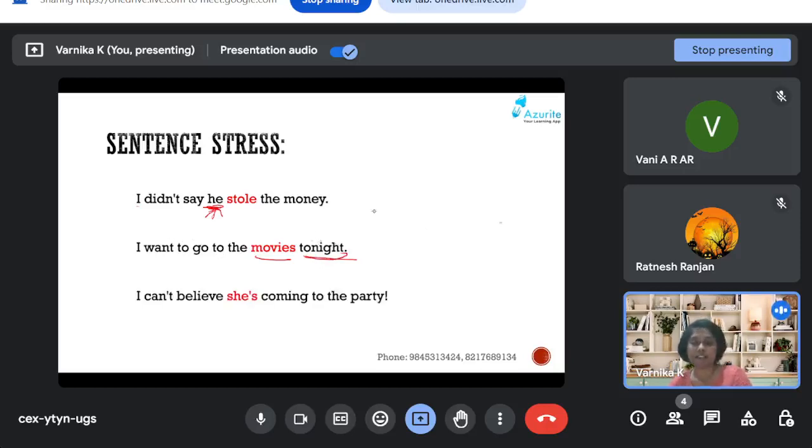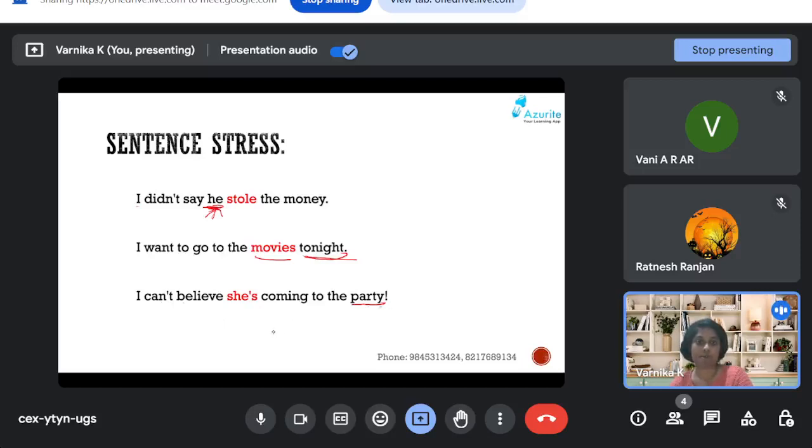Then let's see the next example. I can't believe she's coming to the party. Okay, I can't believe she's coming to the party. If I change the sentence stress to party, I can't believe she's coming to the party. What does it sound like?